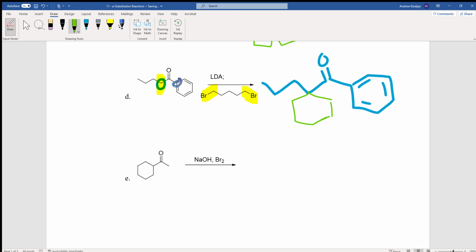Part E, the addition of hydroxide and bromine to a methyl ketone. This is the haloform reaction, where we can convert a methyl ketone into a carboxylic acid. Remember, that takes place through three separate substitution reactions. So that methyl group has three hydrogens on it.